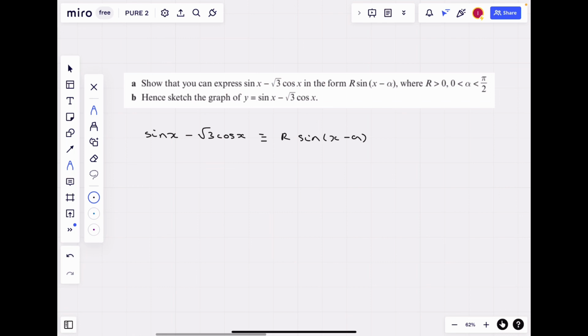And now you're going to apply your addition formula to sine x minus a. Like this. Okay, so from here to here, you've just used the addition formula.